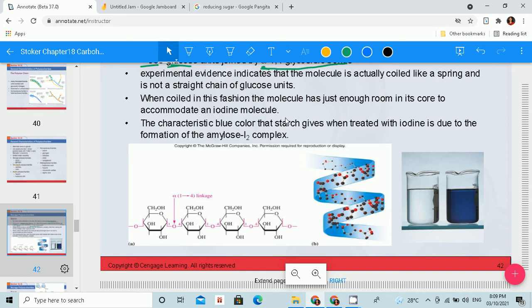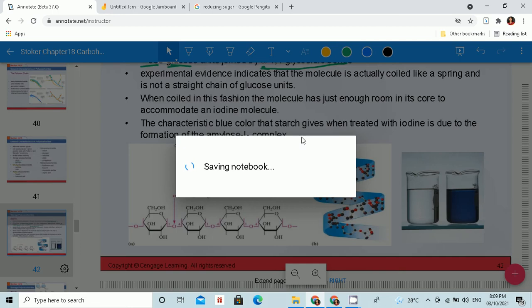The characteristic blue color that starch gives when treated with iodine is due to the formation of the amylose complex. For example, if we drop iodine on bread and it turns blue, then amylose is present. If not, there's no amylose complex.